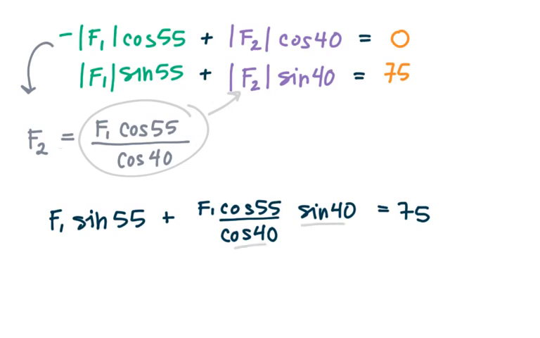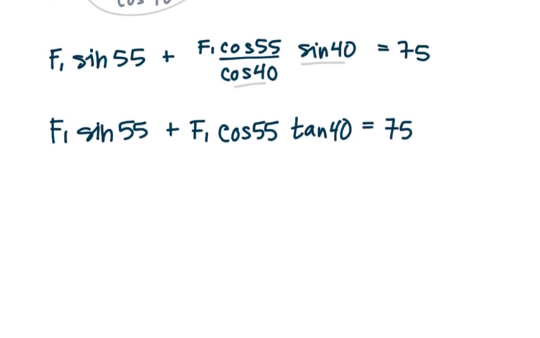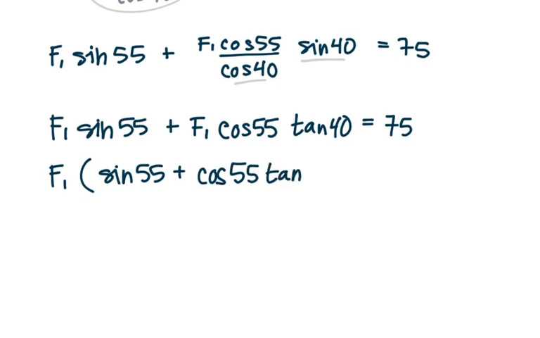Now, sine over cosine is tangent, so I'm going to use that to clean this up. Force 1 sine of 55 plus force 1 cosine of 55 tangent of 40 equals 75. If I factor out a GCF of force 1, that leaves me with sine of 55 plus cosine of 55 times tangent 40.